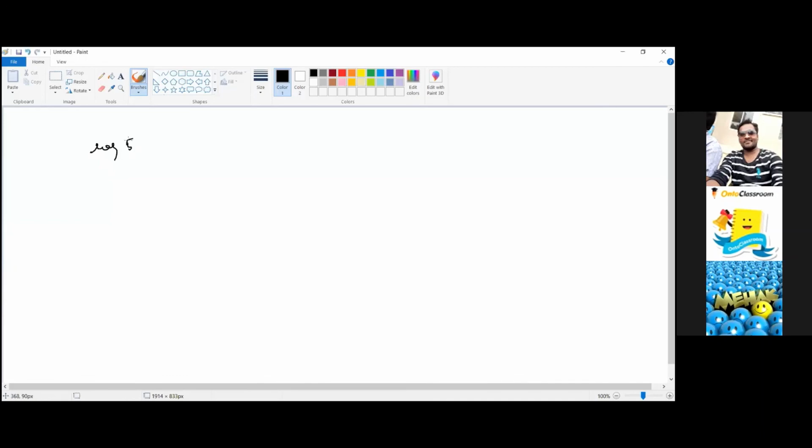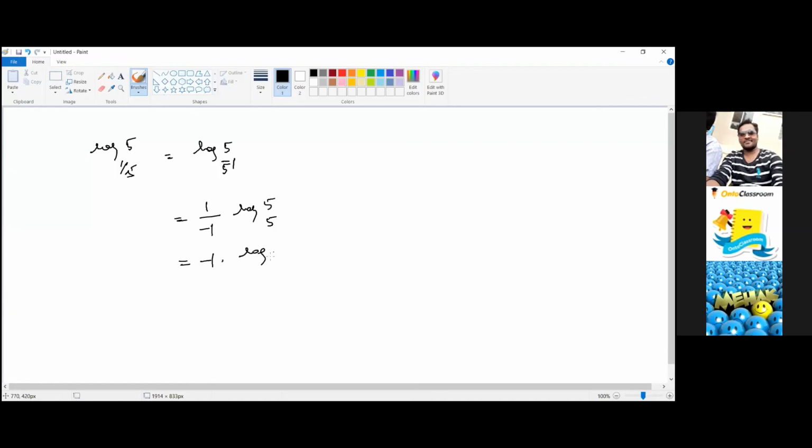See what I told: log 5 base 1 by 5, right? So we can write this as 5 power minus 1 in the base. The power that we have will come down, so 1 divided by minus 1 will come. Then 1 divided by minus 1 becomes minus 1.